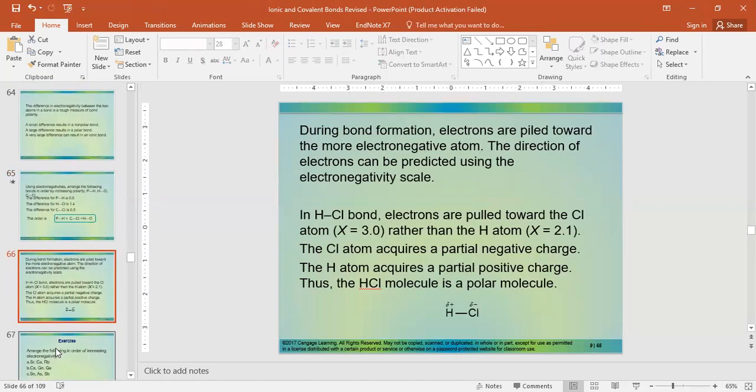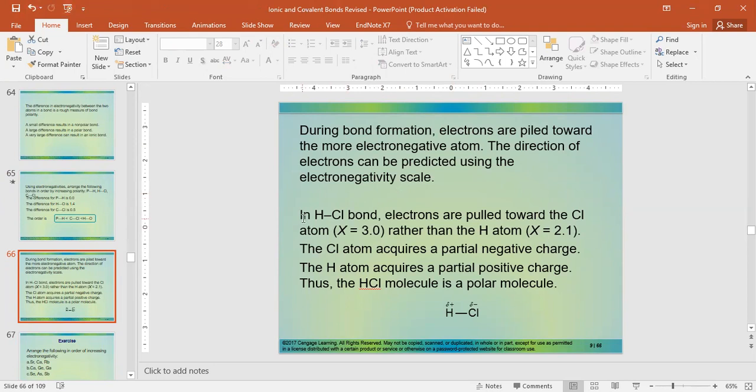Now, during bond formation, the electrons are piled towards the more electronegative atom, and that is what I said when you say that they are closer to the more electronegative atom. The direction of the electrons can be predicted using the electronegativity scale.